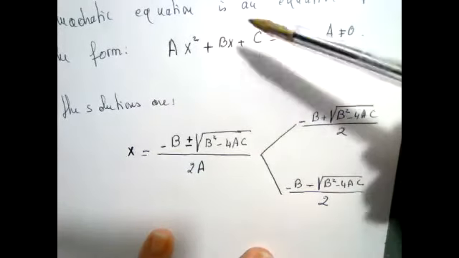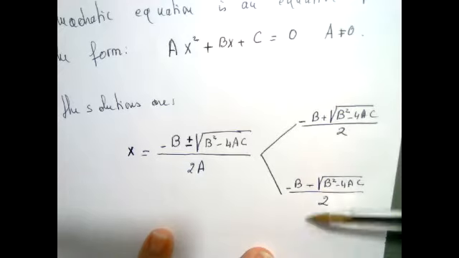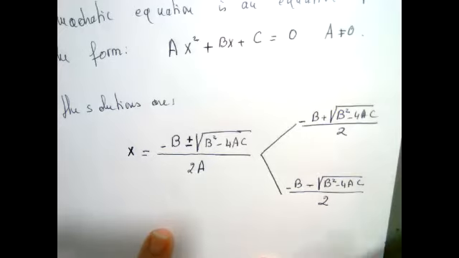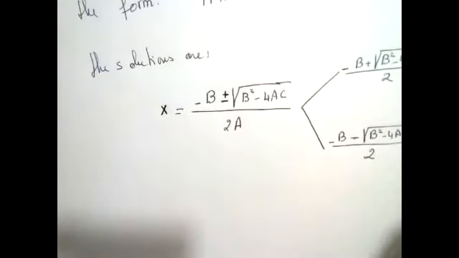You can find where it is 0 by applying the formula. Of course, if you can factor it, there is no reason to apply all this. But today we're just going to do both, so let us apply it.